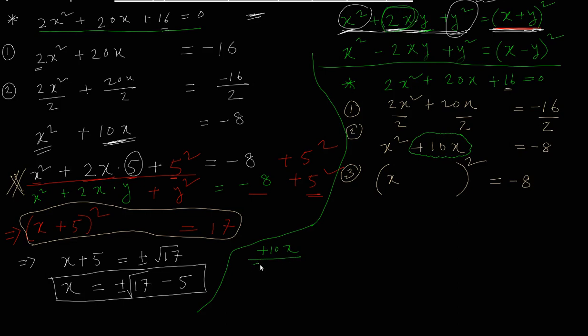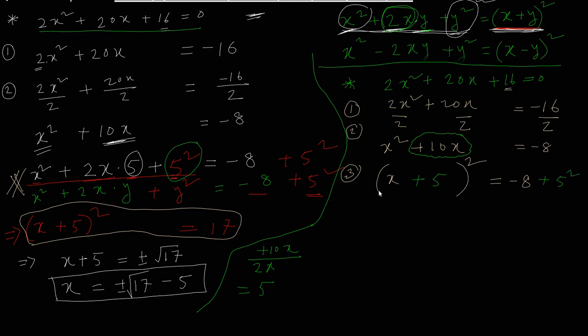So if I divide it by 2x, I am left with positive 5, remember. So write this positive 5 here inside the square, and as I am writing this extra 5 square here, write on the right hand side that extra 5 square.